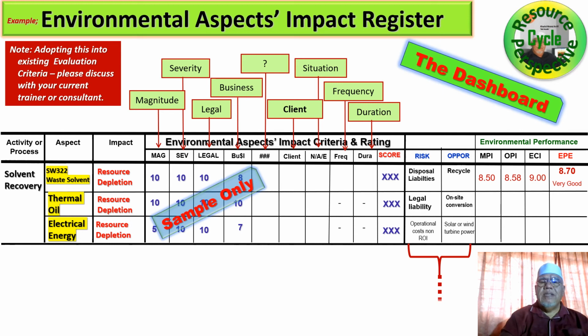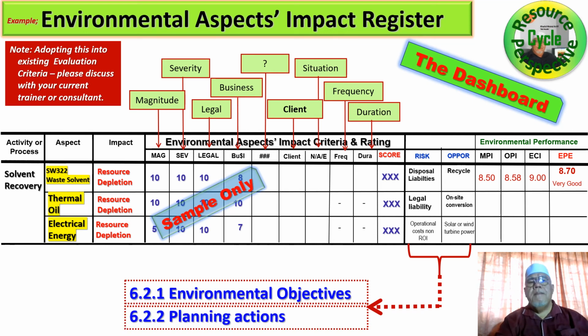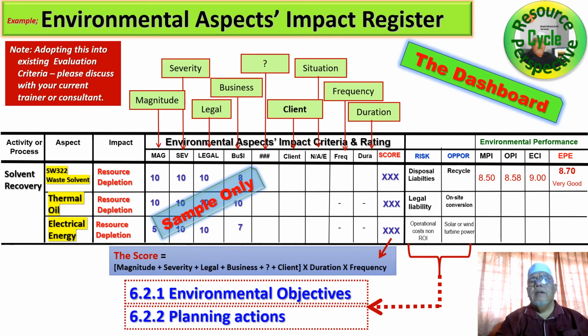So this is the dashboard that I've been talking about. It is the environmental aspects impact register. I have it in this format, and of course we have the first column, activity. Please make sure you do it this way. Some of you have been doing it this way since day one, which is good. Keep it that way.